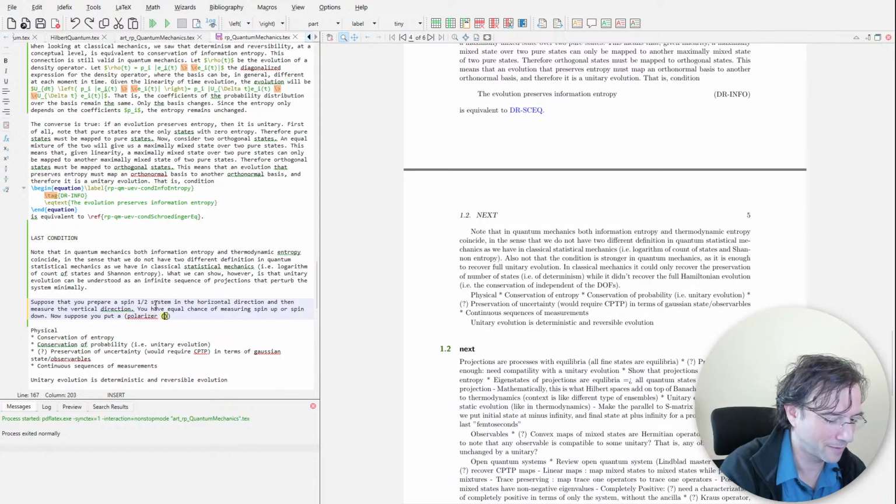Polarizer, I'll have to check what that is, at a 45-degree angle in between.